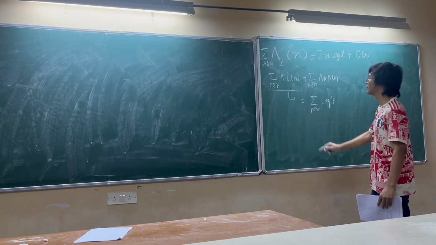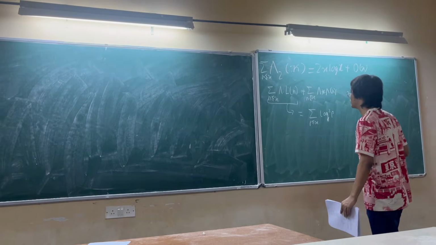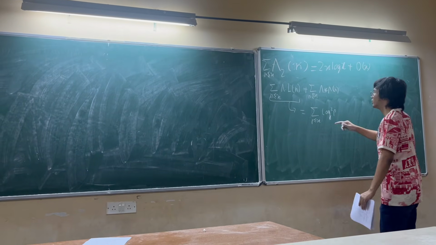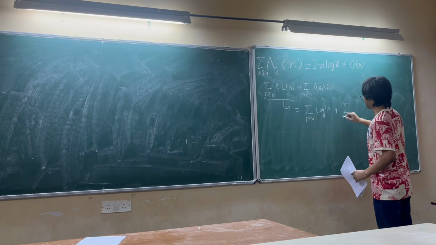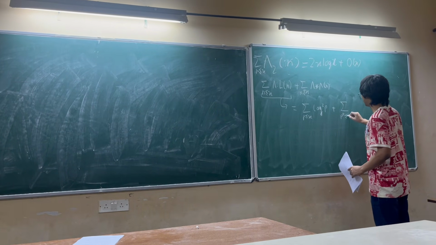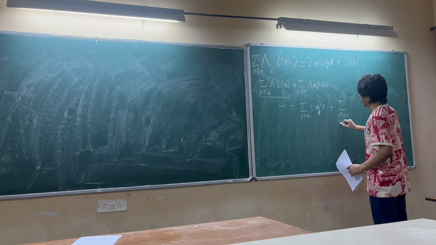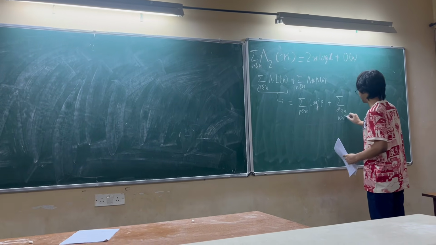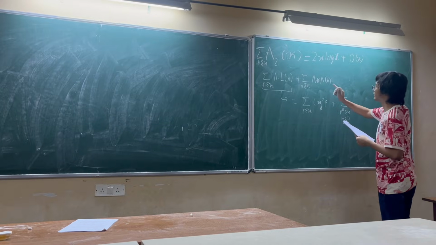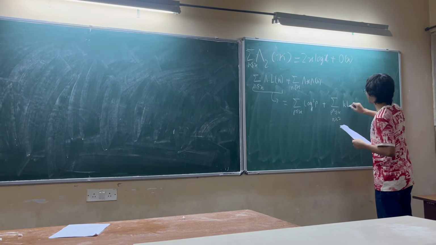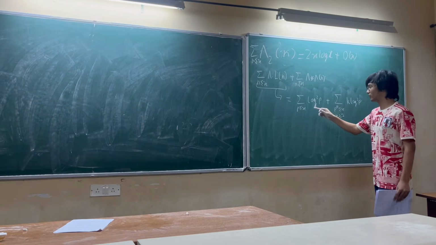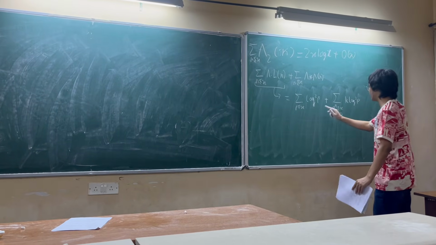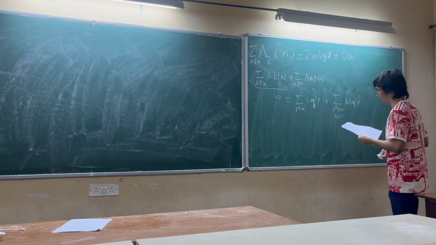Remember, when p is a prime, lambda is simply log p, so this is log squared p, and where this thing is some prime power less than equal to x, and the prime power exponent should be greater than equal to 2. In that case, this thing becomes k times log squared p. Well, k times log squared p works for this too, but we wanted to separate this out. We'll see why in a moment.